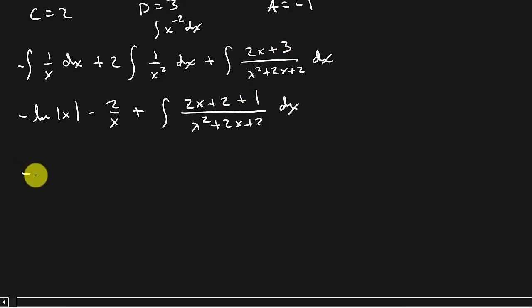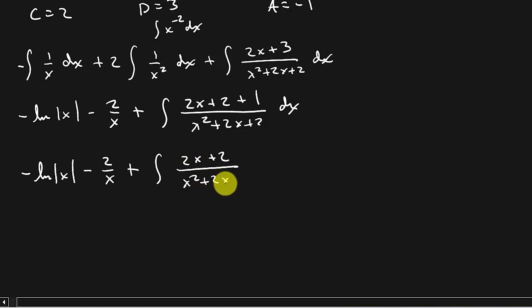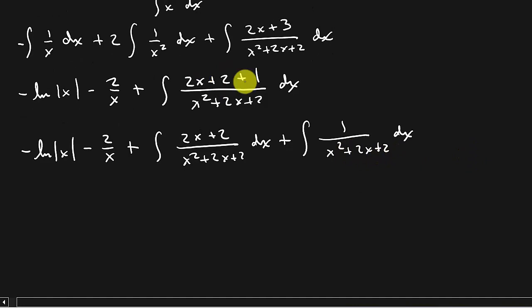And so that's negative natural log absolute value of x minus 2 over x. And then that's going to be plus the integral 2x plus 2 over x squared plus 2x plus 2 dx plus the integral 1 over x squared plus 2x plus 2 dx. So I just split this up. Okay.